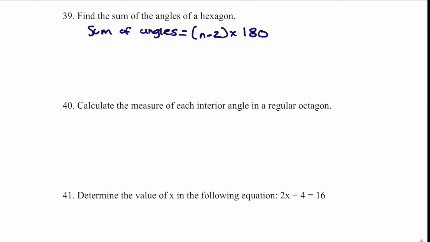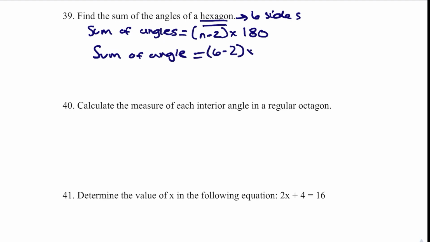So the sum of the angles of a hexagon, we know that a hexagon has 6 sides. So sum of the angles equals 6 minus 2 times 180 degrees. So we have 4 times 180 degrees equals 720 degrees.